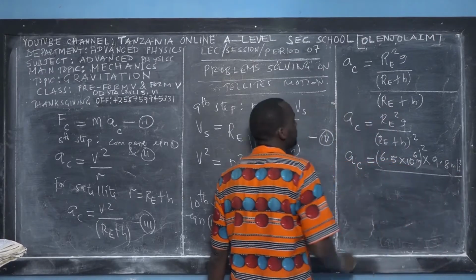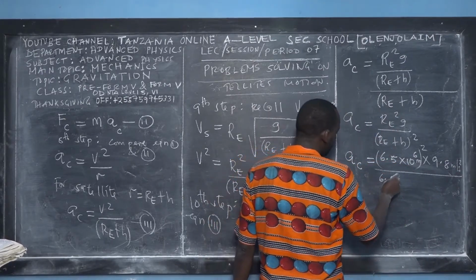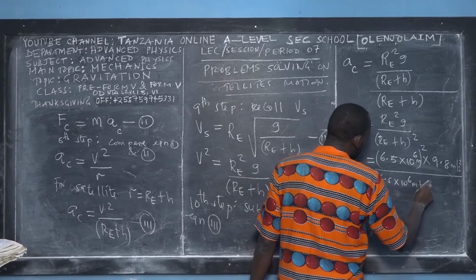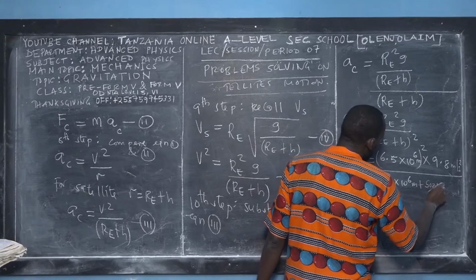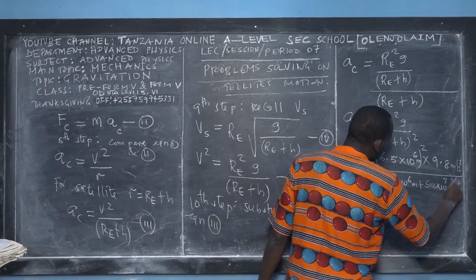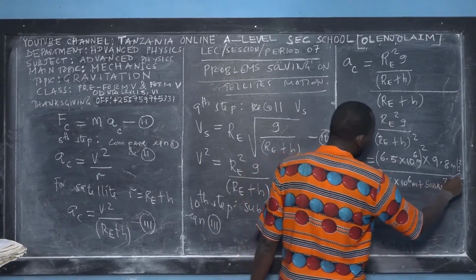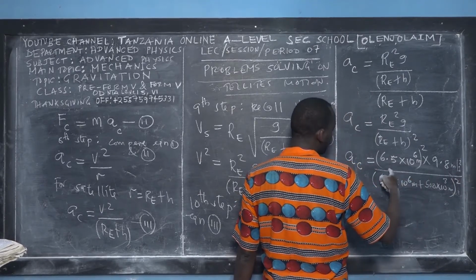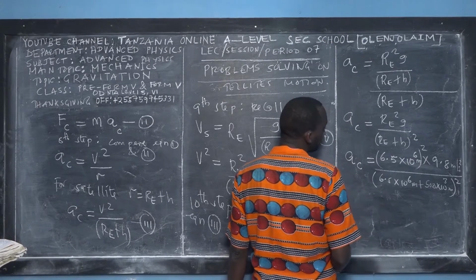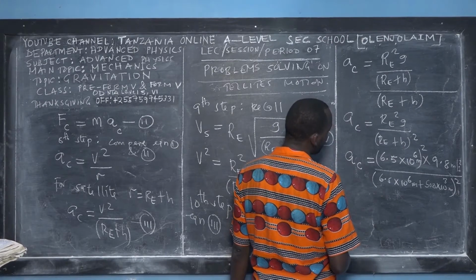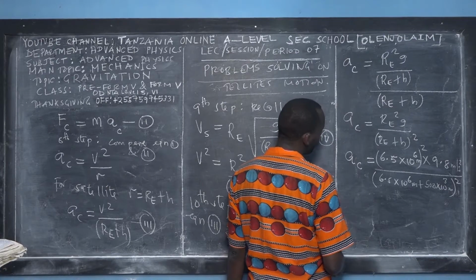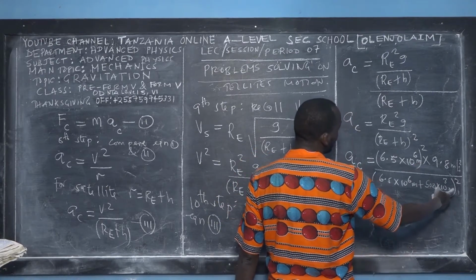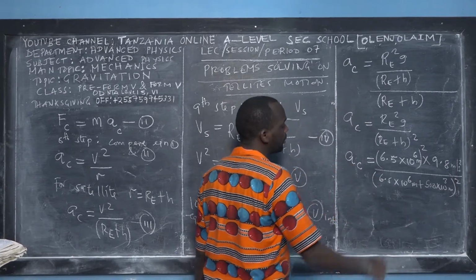And then we divide with 6.5 exponent 6 meter plus 500 exponent 3 meter. But this one also should be squared. So we have meter square, and this meter square will cancel, remaining with meter per second square.